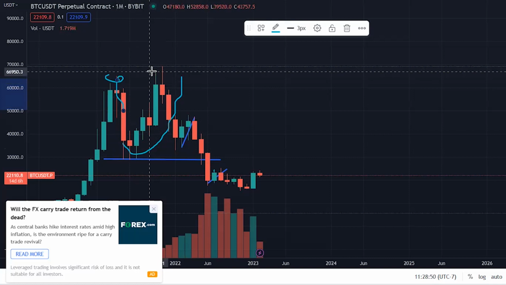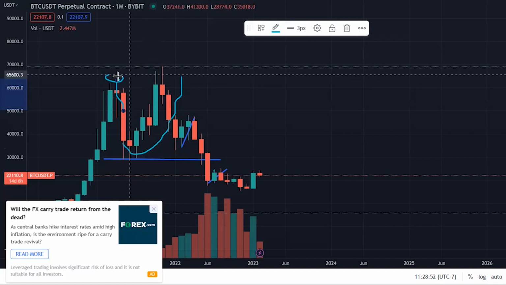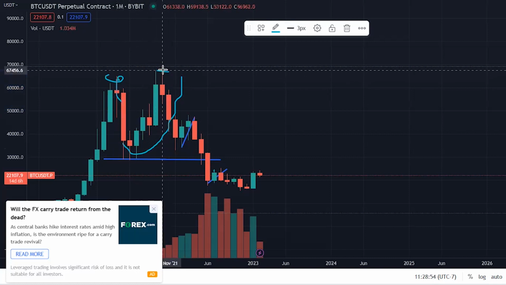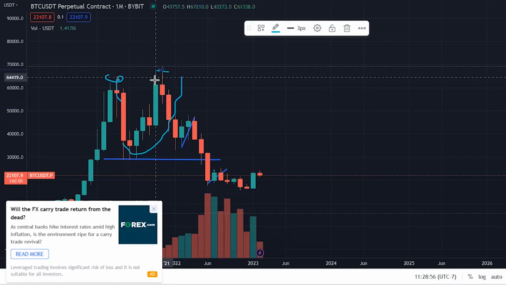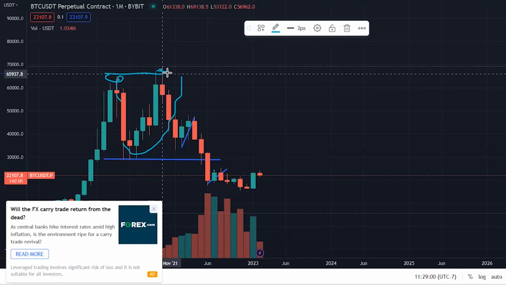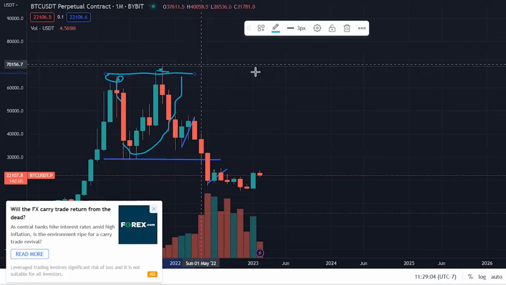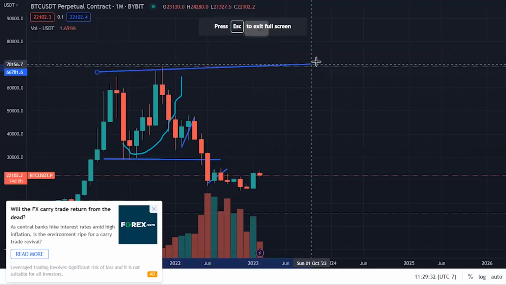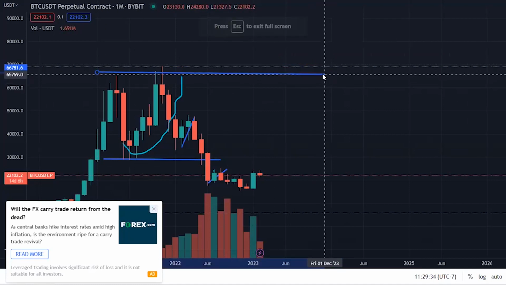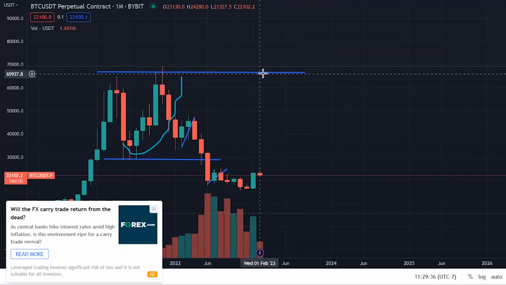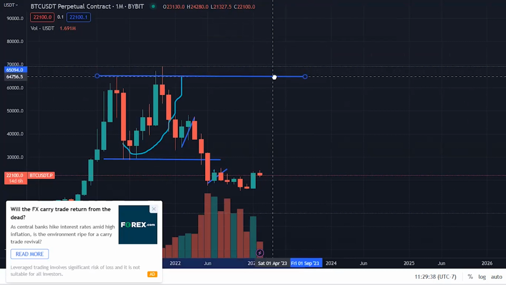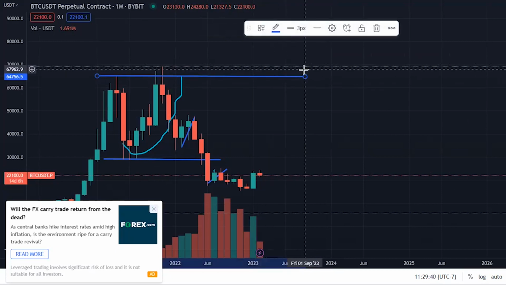And then the second time it came up to around this price level, what happened again? It got rejected again. Now we have our second proof that yes, this area here is obviously a strong resistance. So now we can go ahead and get our trend line, and then draw the resistance right here.